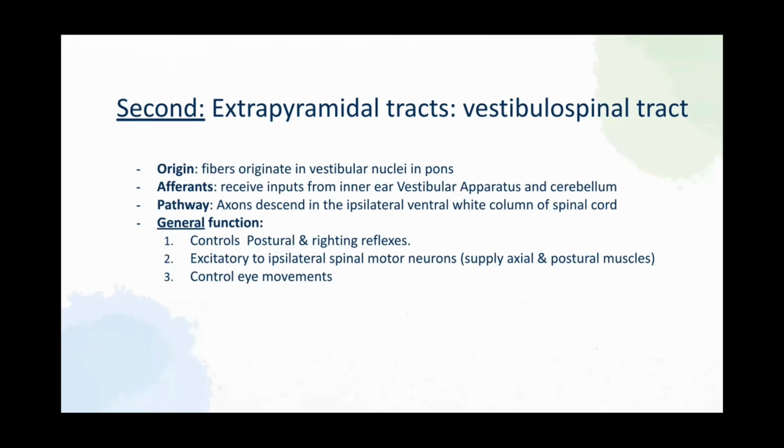The pathway: axons descend in the ipsilateral ventral white matter of the spinal cord. It descends on the same side, ipsilateral means the same side, and then the decussation happens later on. The general function is control of posture and the righting reflex. The righting reflex is when, for example, you stumble and then you have a quick reflex so that you don't fall down. That's the righting reflex.